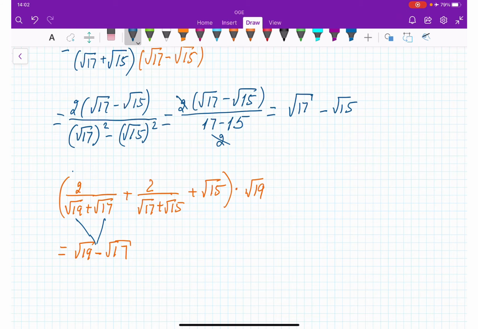With this minus. Second one, or maybe I'll do it this way. It's a better way to do it like this.